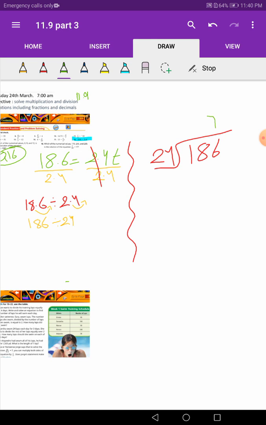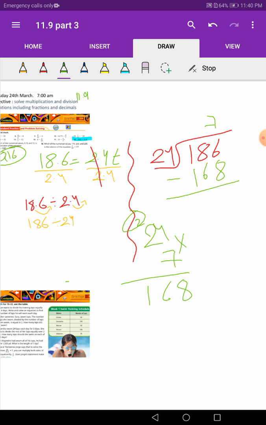Let's try number 7. 24 times 7. 7 times 4 is 28. 7 times 2 is 14 plus 2, 16. 168, which is close enough to 186. Now we subtract. 6 minus 8, it doesn't work. This becomes 6, 7, and this becomes 16. 16 minus 8 is 8. 7 minus 6 is 1, and here is 0.